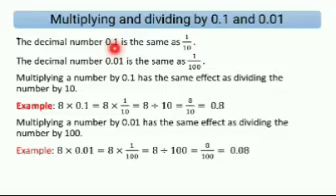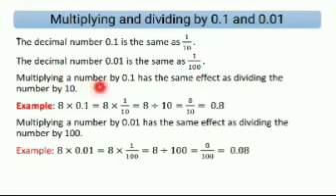We have just one digit here, so this one is 1 over 10. Now if you apply the same rule here, you have 2 digits after the decimal, so it will be 1 over 100. So you can see that 0.1 is the same thing as 1 over 10, then 0.01 is the same thing as 1 over 100.